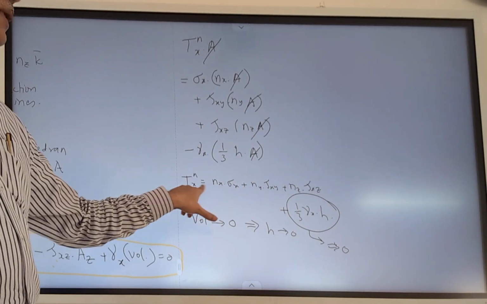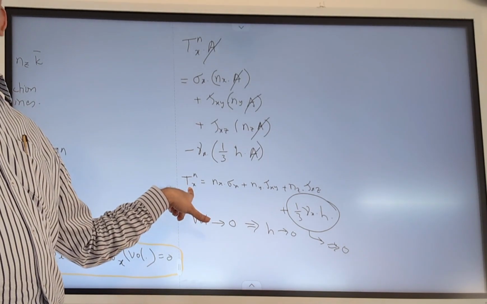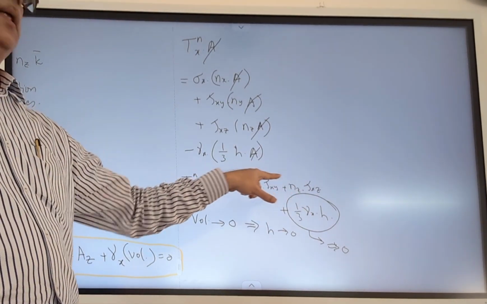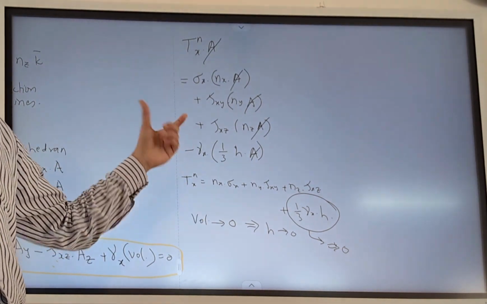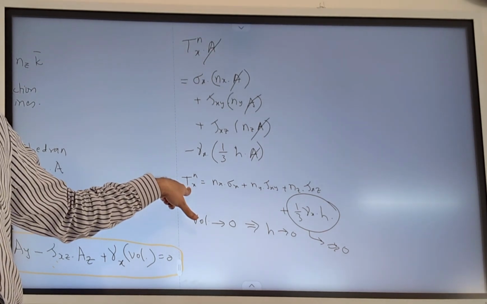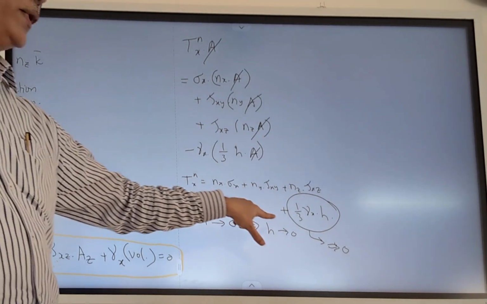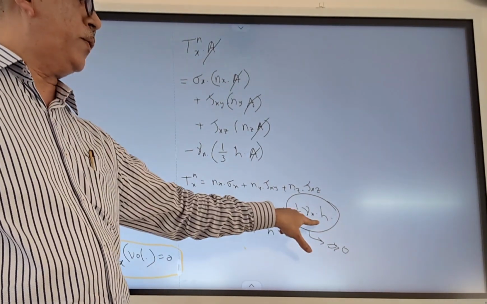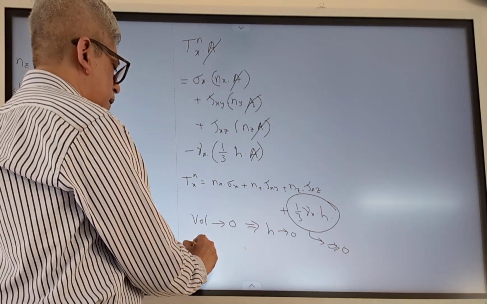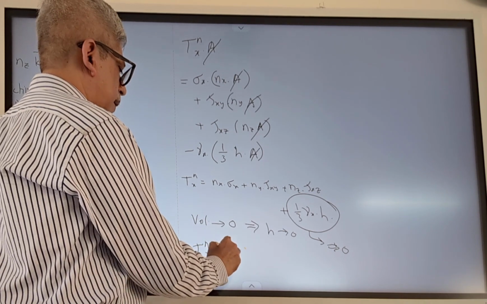The remaining terms are quantities related to per area, so they remain as they are. They will not change, because Pnx already considers area tending to 0. So this definition already includes area tending to 0, whereas volume tending to 0 will vanish this particular term. So finally you will get your first Cauchy's equation.